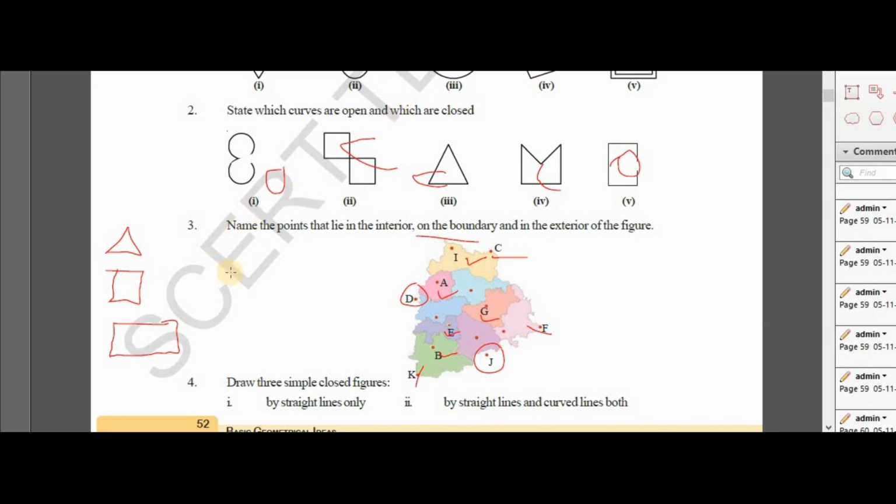We can draw this one only. So like that we have to draw three. Like this I will draw.